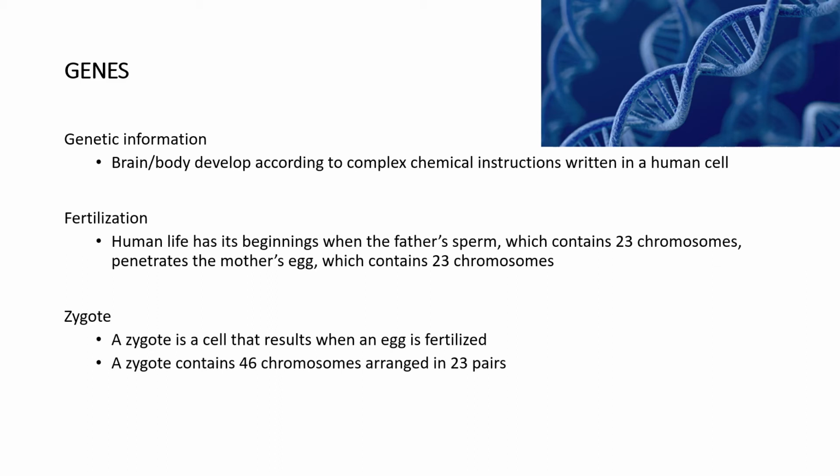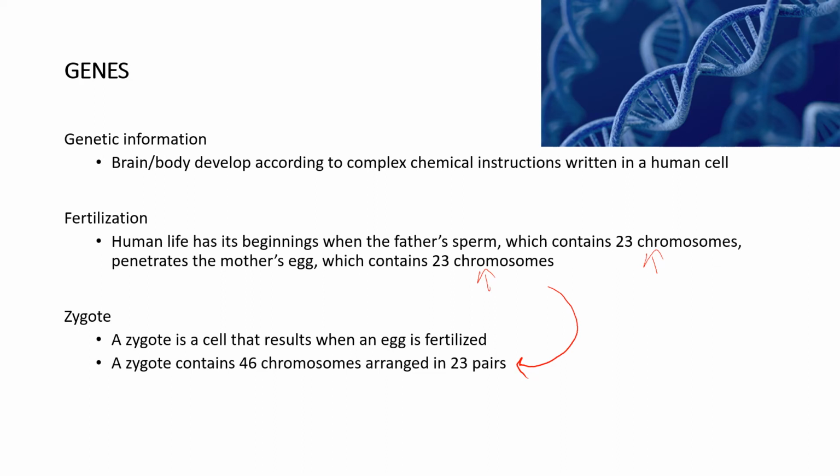Humans are made up of 23 pairs of chromosomes. But prior to it, in the sex cells, like the sperm and the egg, there's 23 individual chromosomes in each. When fertilization occurs, those 23 individual chromosomes pair together to become 46 chromosomes, or 23 pairs.